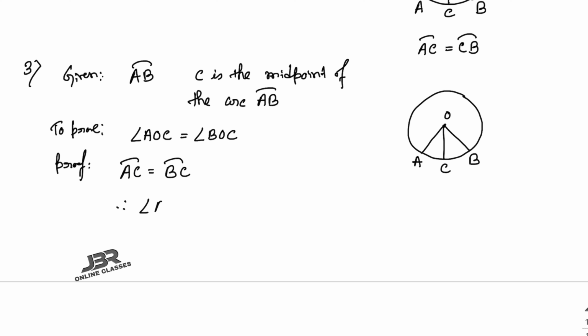Therefore angle AOC is equal to angle BOC, as arc AC and arc BC subtend angle AOC and angle BOC at the center. That is the reason. As these two angles are equal, OC bisects the angle AOB, and it's proved.